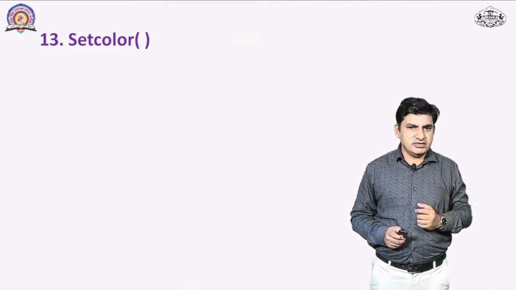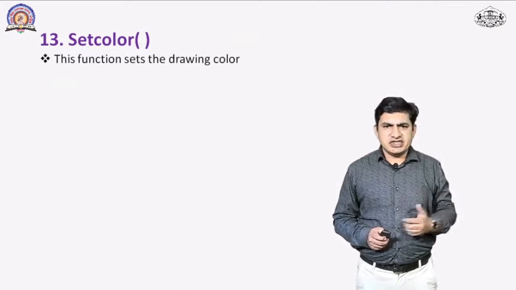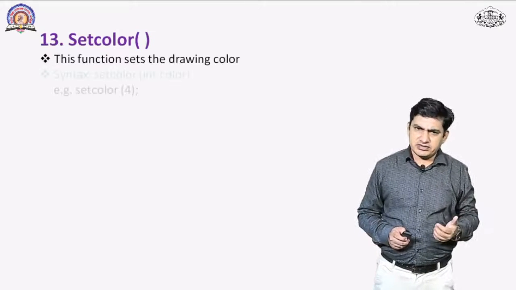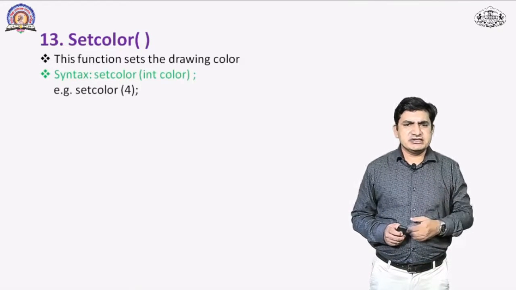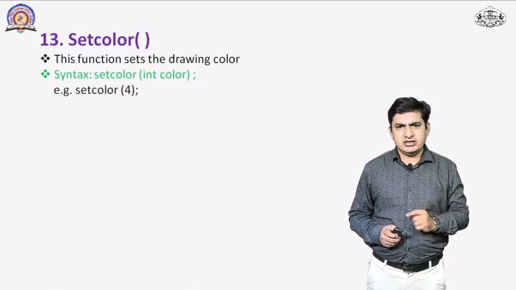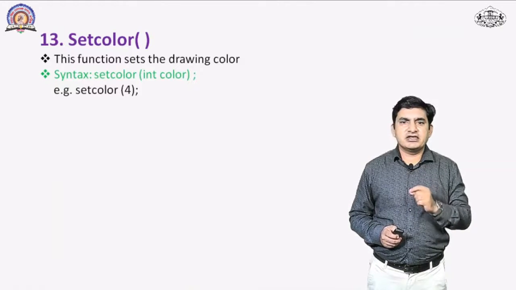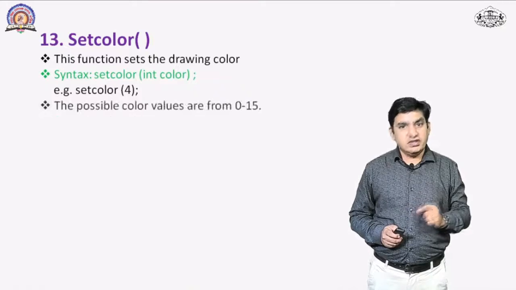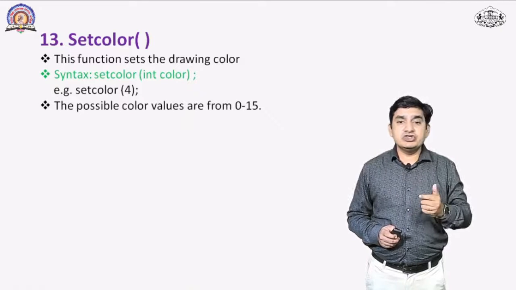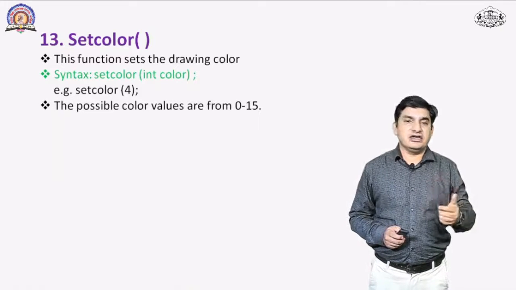Then setcolor. This function sets the drawing color. Syntax is setcolor(integer color). Example, setcolor(4). 4 is used for red color.